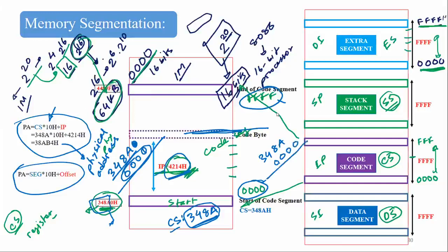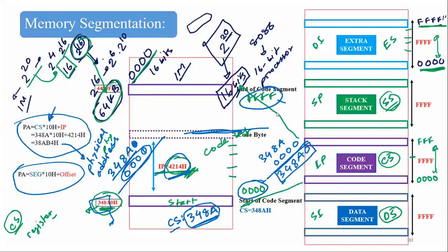If we add, then we get a physical address of 5 bits. That means in total 20 bits. So is it clear up to this? I will discuss 10H later. Other than that, is it okay?